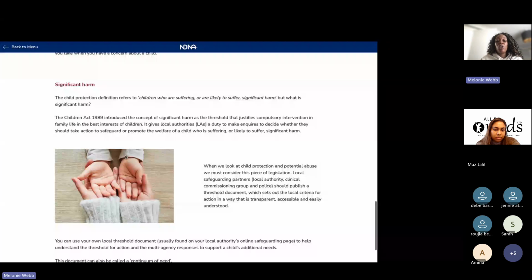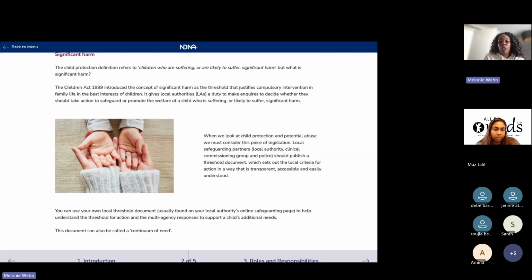You can use your own local threshold document, usually found on the local authority's online safeguarding page, to help understand the threshold for action and the multi-agency responses to support a child's additional needs. So that was a lot of words to simply say that if, for example, you contact MASH, you would explain the situation to them.